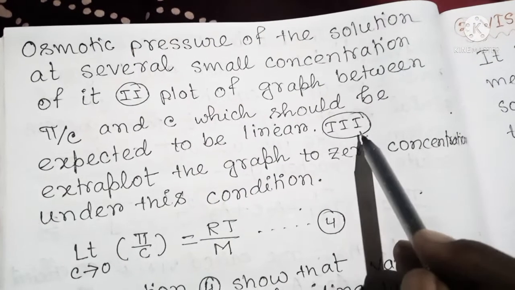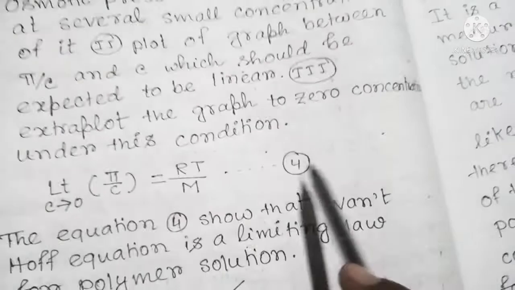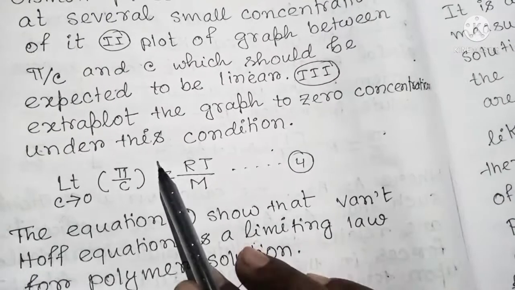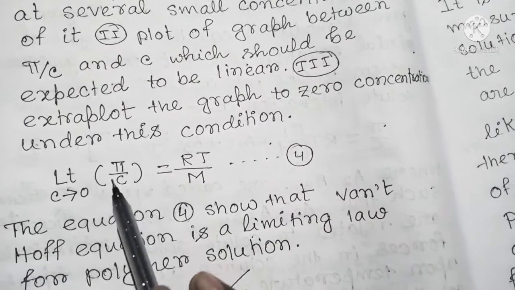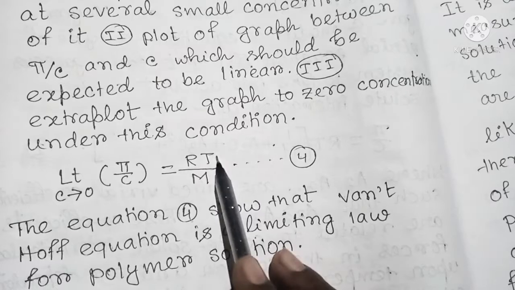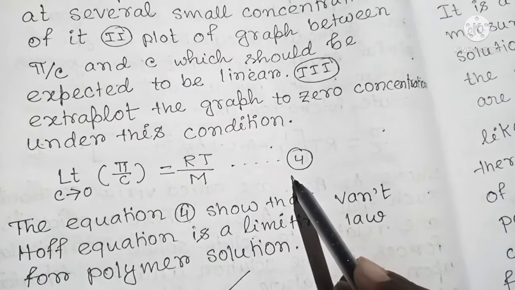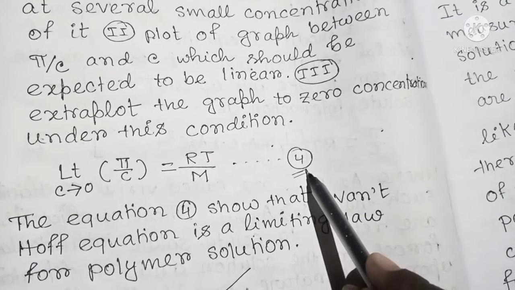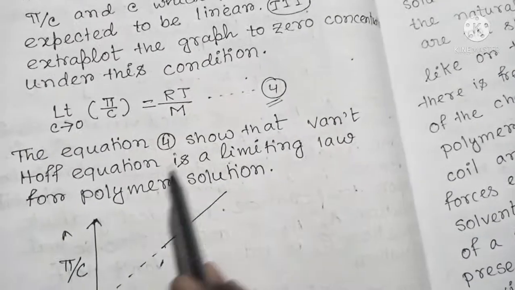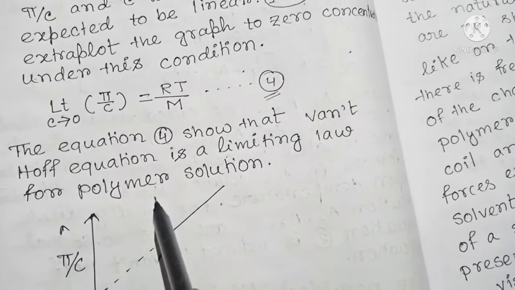Three, extrapolate the graph to zero concentration. Under this condition, limit C tends to 0, pi by C equal to RT by M. We represent this as equation 4. Equation 4 shows that the Van 't Hoff equation is a limiting law for polymer solution.